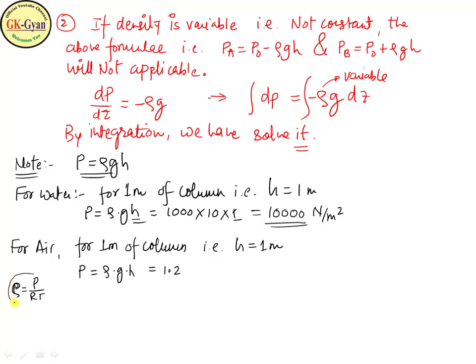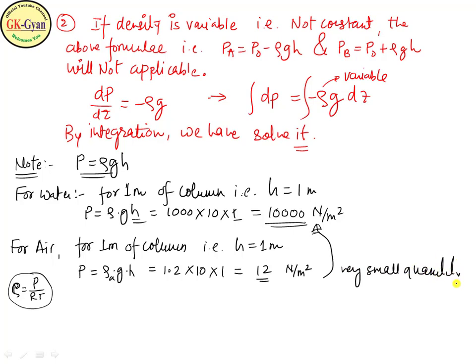At atmospheric pressure and atmospheric temperature, we get 1.2 as the density of air, into G is 10 and H is 1, so it will be 12 Newton per meter square. So here 12 Newton per meter square with respect to water is a very small quantity, or negligible.